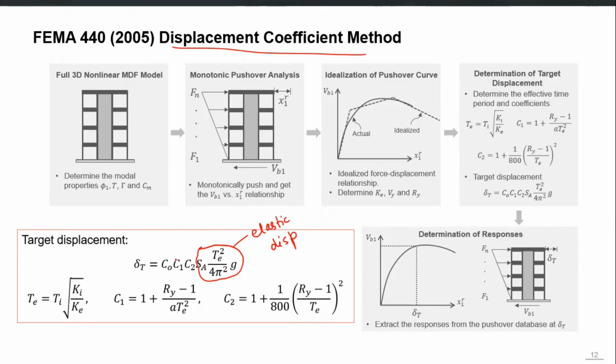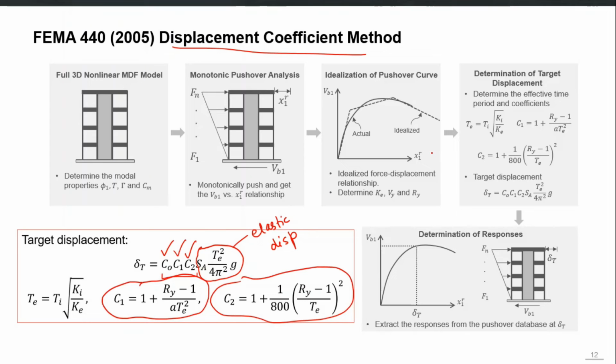And then we can modify that elastic displacement with several coefficients C0, C1, C2, and C1 and C2 are the coefficients which account for different aspects of nonlinearity, and those C1 and C2 empirical coefficients are a function of the properties of the pushover curve.